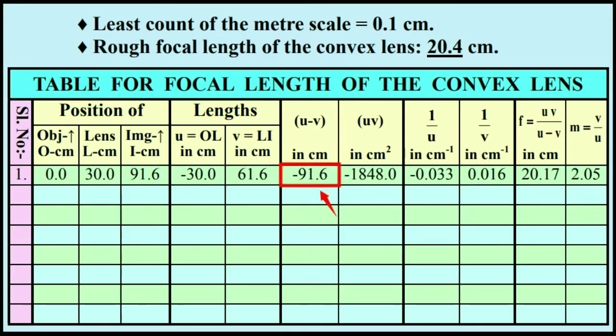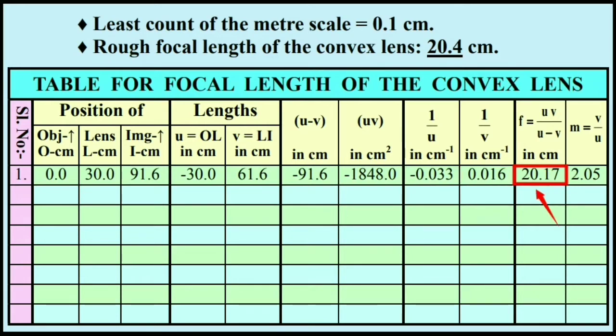The value u minus v is minus 91.6 centimeter. u into v is minus 1848.0 centimeter square. The value 1 by u is minus 0.033. The value 1 by v is 0.016.